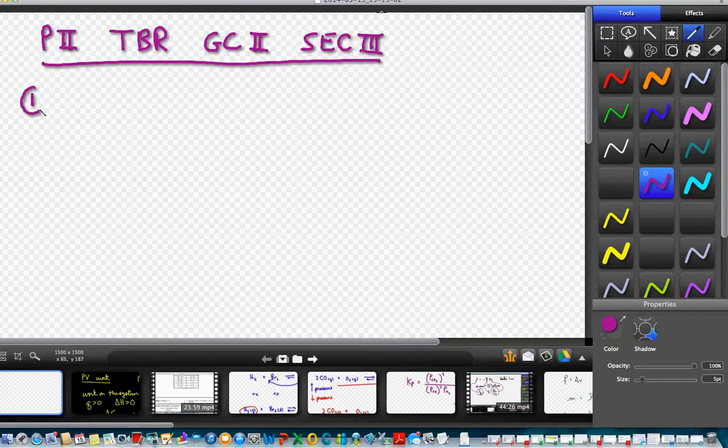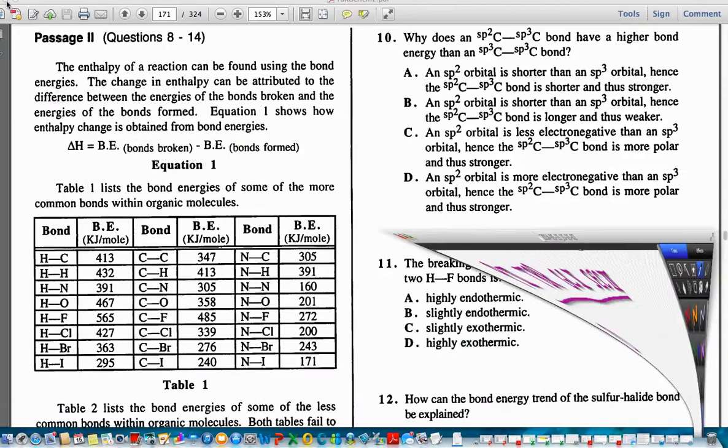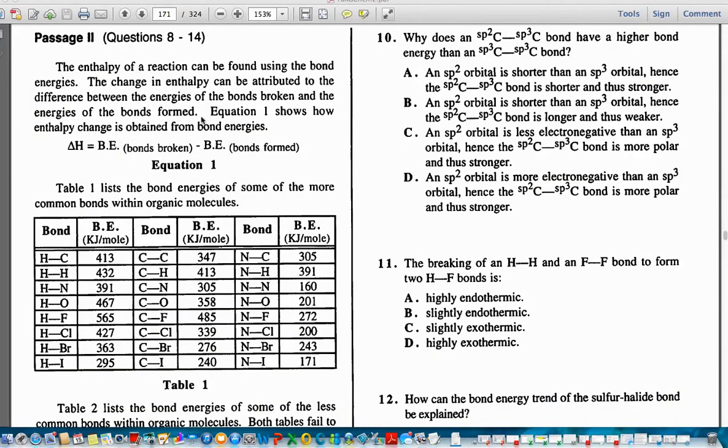And if you have the online PDF, we're talking about page 171.